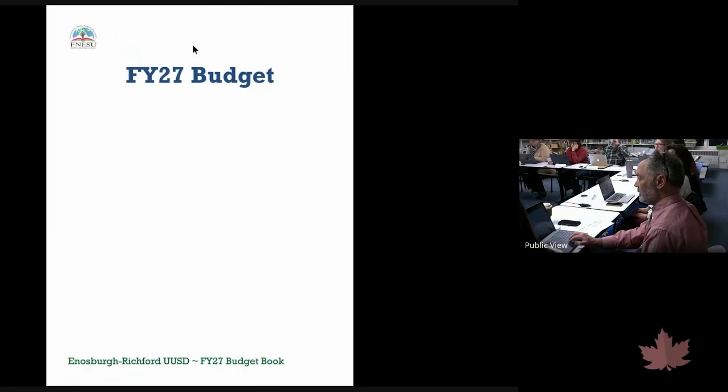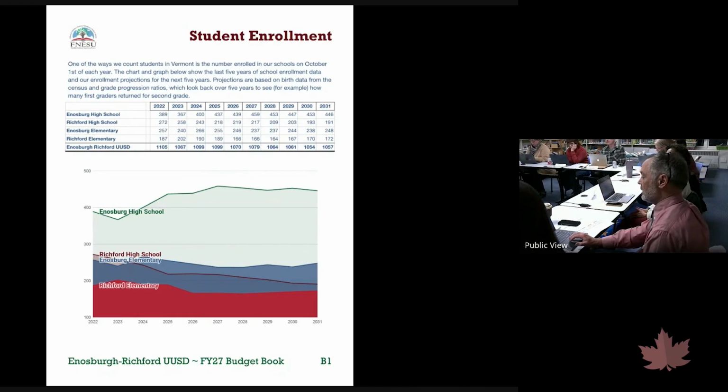Okay. A lot of these slides are ones that we've seen in earlier meetings, and we don't need to spend a lot of time on them. So go to student enrollment. This has not changed since you saw it last, and this is now up on the website, and eventually most of the things that you see here are going to be up on the website for that budget book.